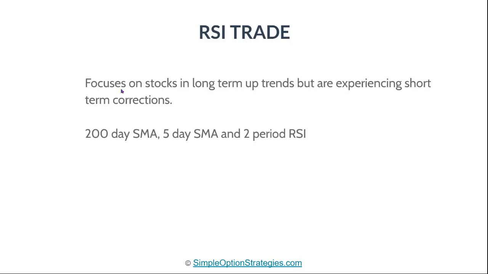We're focusing on stocks in long uptrends, but experiencing short-term corrections. And what you need on your charts to see this is just simply a 200-day SMA, a 5-day SMA, and a 2-period RSI. Now pay attention to 2-period RSI, not the standard 14-day look back.